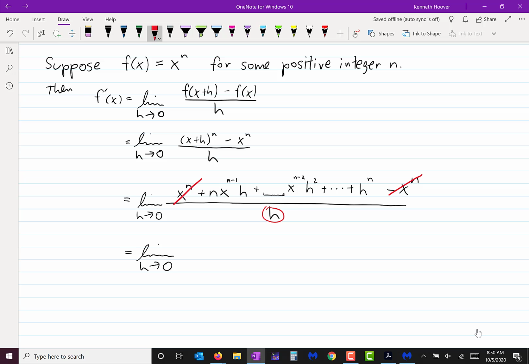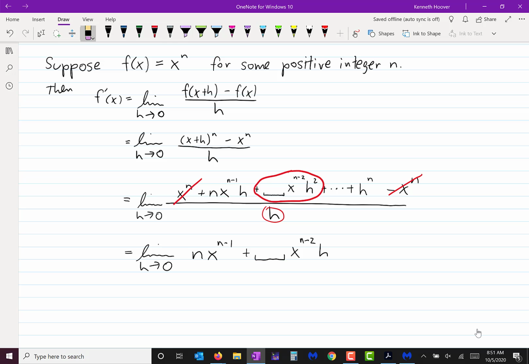Which means that this right here, after you cancel out the h, is just going to be n times x to the n minus 1, and the h will cancel. And then in the next term, right here, we have some number times x to the n minus 2 times h to the power, now it will be just to the power 1, because one of the two h's canceled out with the h on the bottom.